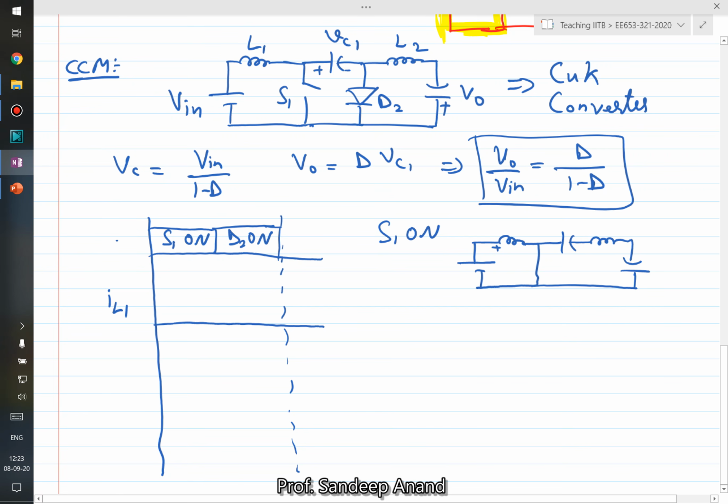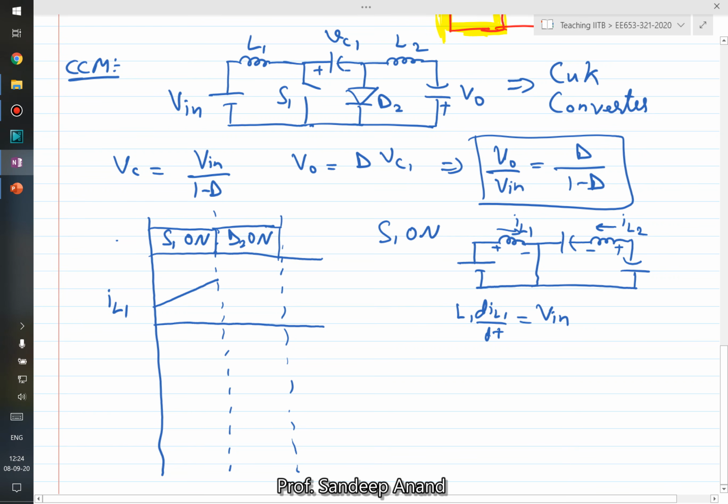So if you see IL1, let me refer this direction as IL2. What happens to IL1? L1 dIL1 by dt is equal to Vin. Therefore, inductor current IL1 is rising during this period, right? And the voltage across inductor 1 is Vin.